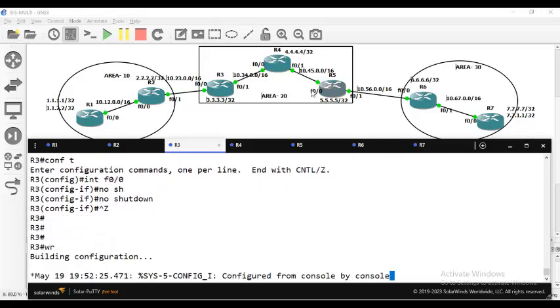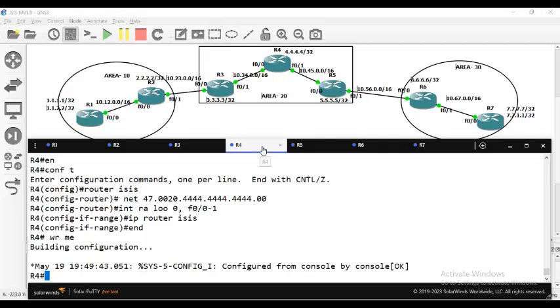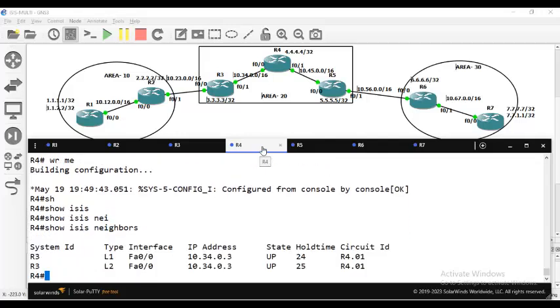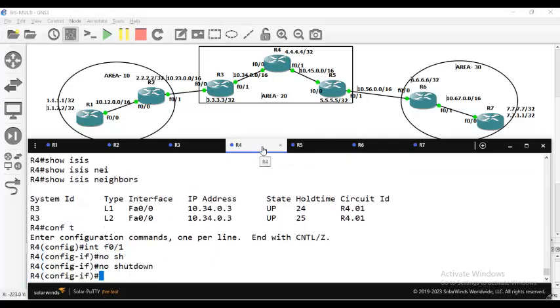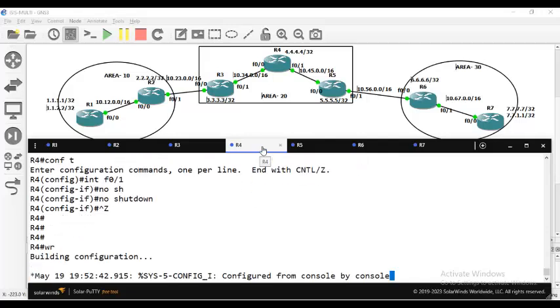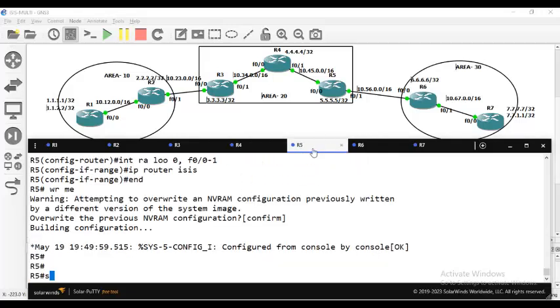It has got only with 4, so I need to enable the interface on F0. R6 also will have the same problem. It has got a neighbor only. Okay, anyway, no problem.